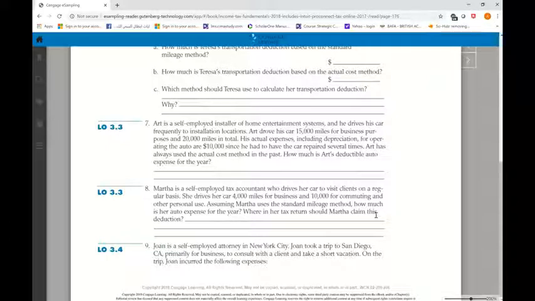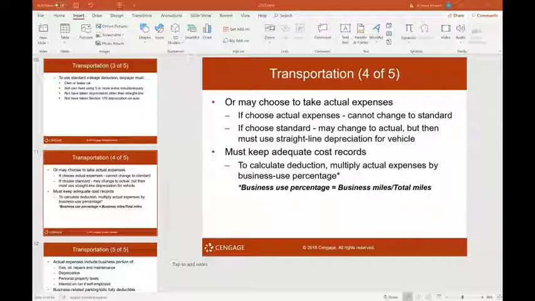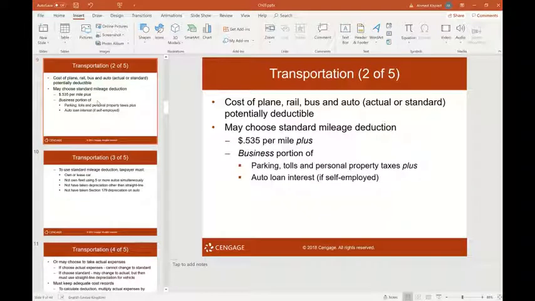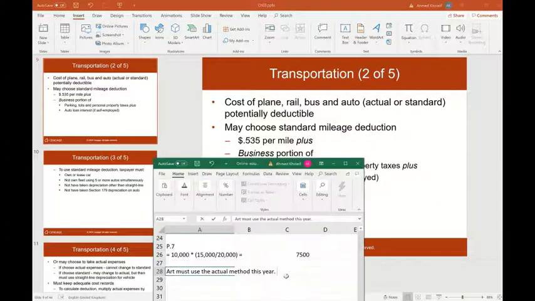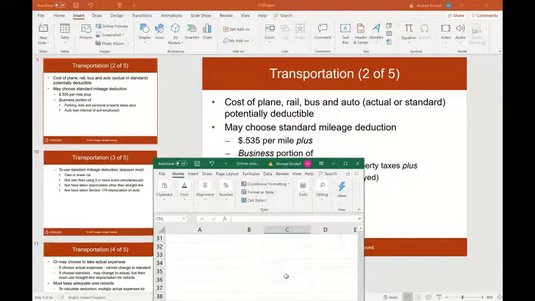Okay, so we're starting with the first part, which is calculating the transportation cost based on the standard mileage method. She drives for business 4,000 miles. Remember the rules for the standard method. Here we use a rate of 0.535, which is the rate that we use for business. So this is problem 8.